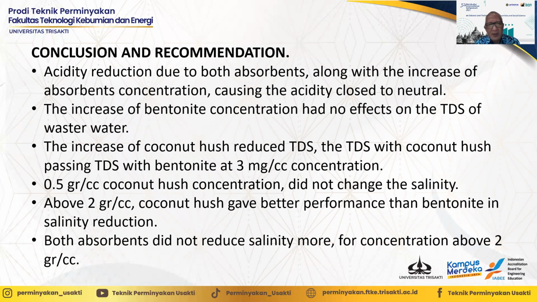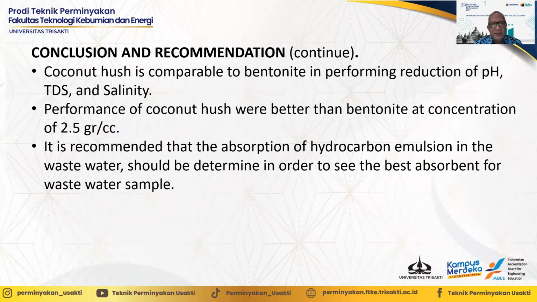The TDS with coconut husk passes the TDS with bentonite at 3 gram per cc concentration. A 0.5 gram per cc coconut husk concentration did not change the salinity. However, above 2 gram per cc, coconut husk gives better performance than bentonite in salinity reduction. Both adsorbents did not reduce salinity more for concentrations above 2 gram per cc.